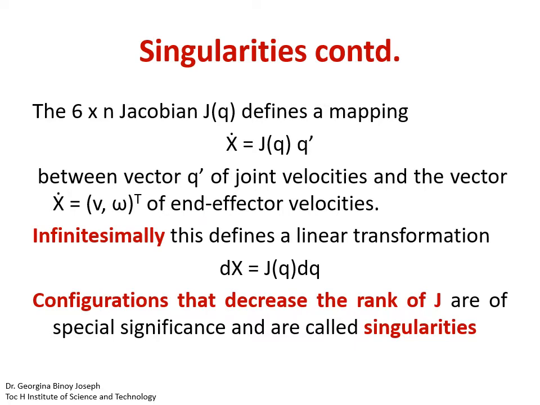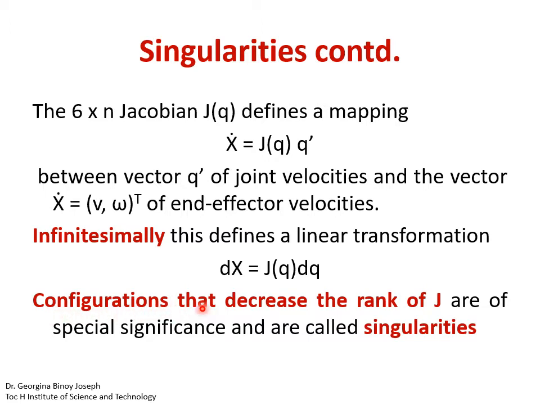Using the Jacobian matrix, for a given end effector velocity we can determine the joint velocities, or given the joint velocities, we can determine the end effector velocity. That is the importance of the Jacobian, and we had seen this before. Infinitesimally, we can write this as dx is equal to J of q times dq, the infinitesimal change in the joint variables.